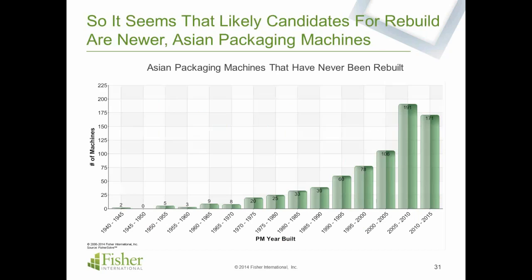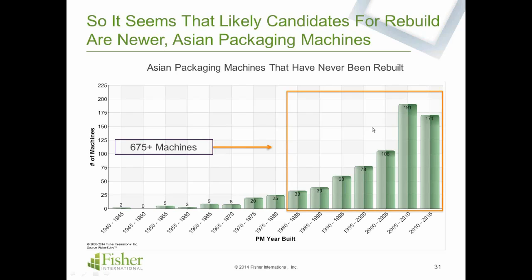So again, if we're trying to think about where we would find likely candidates for rebuilds, if we're trying to forecast where those rebuilds are going to occur, who's going to rebuild their machines, we can put those pieces together and we would say that it's likely then that candidates for rebuild would be somewhat newer machines making packaging grades in Asia.